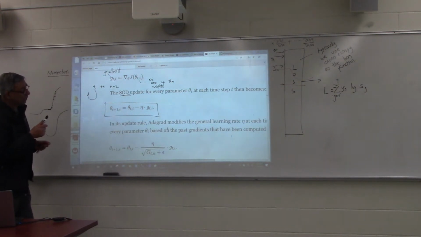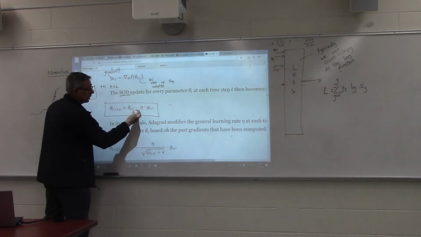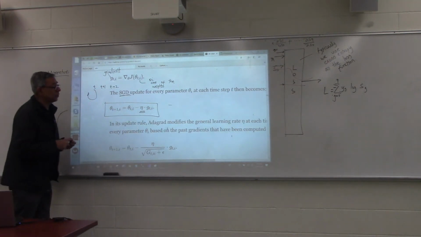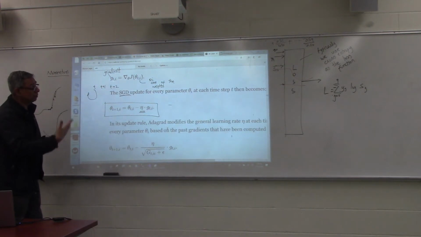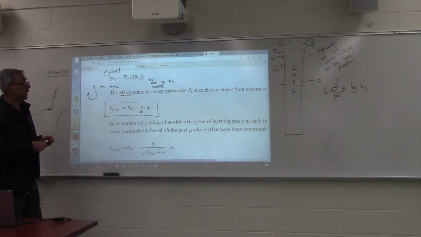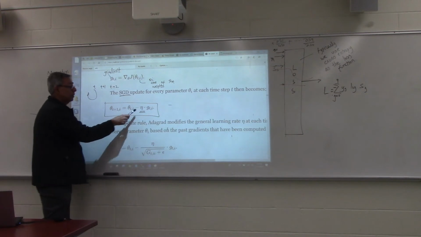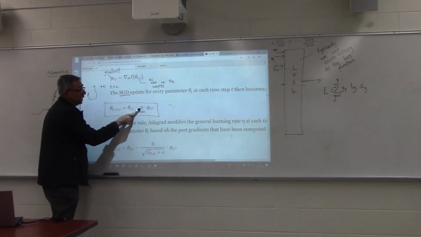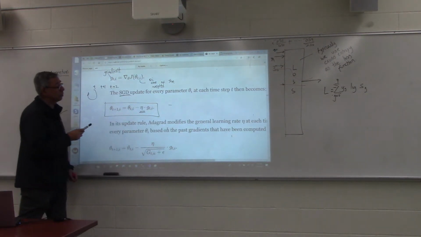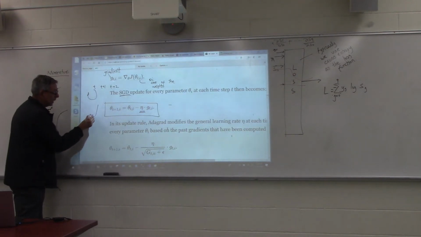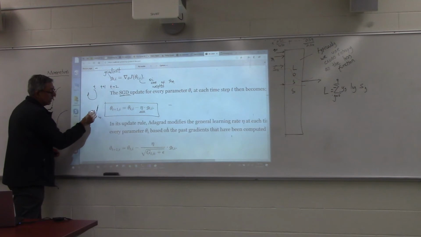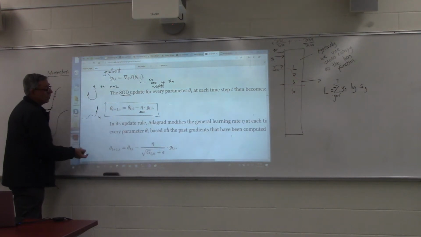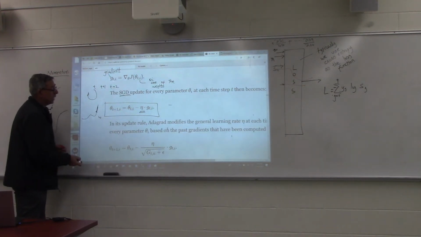So now, like I said, what we want to do is adjust this learning rate, based on how quickly or how less quickly a particular weight is changing, we should make it higher or lower accordingly. So if, according to one of the weights, the change is greater, obviously the learning rate should be higher.